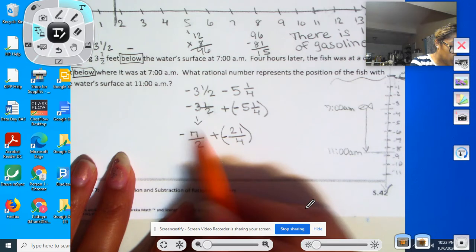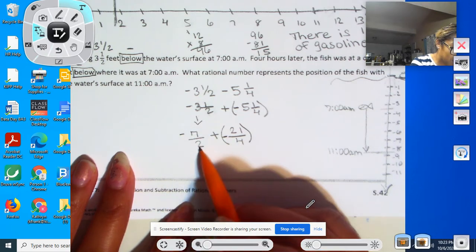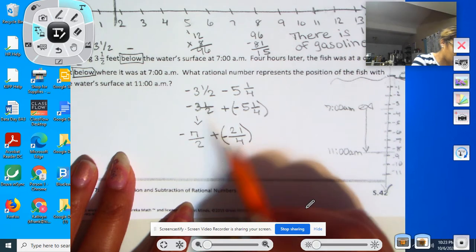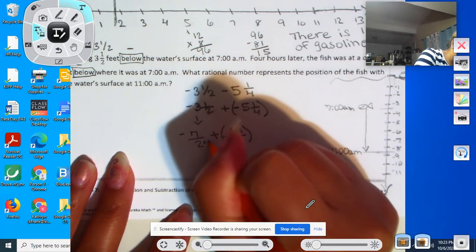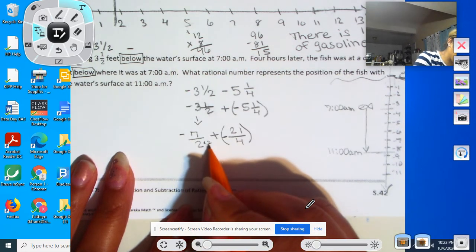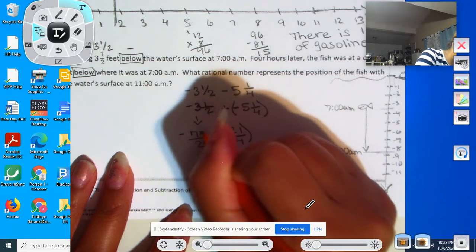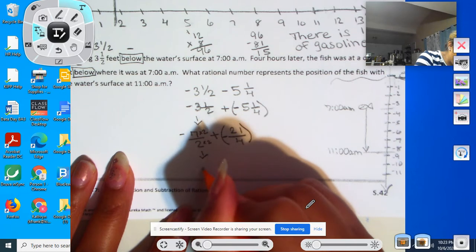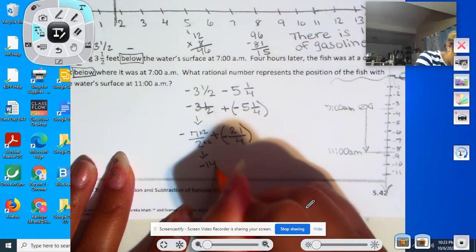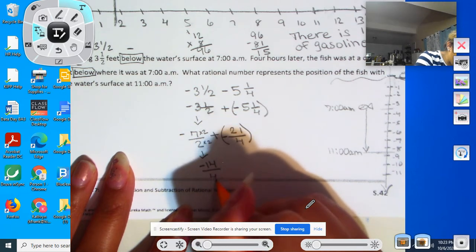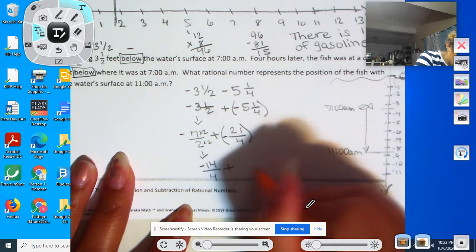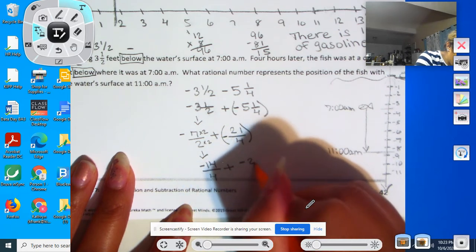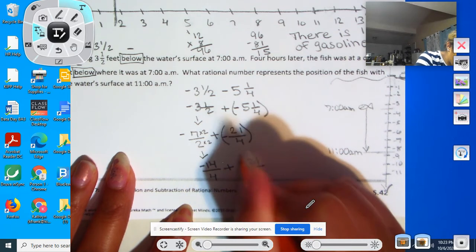So we're going to change this so that they have the same denominator. Well, how can I make halves into fourths? By multiplying by 2. And if I do that to the bottom, then I also have to do it to the numerator. So that means that this is going to change yet again into negative 14 fourths plus negative 21 fourths.